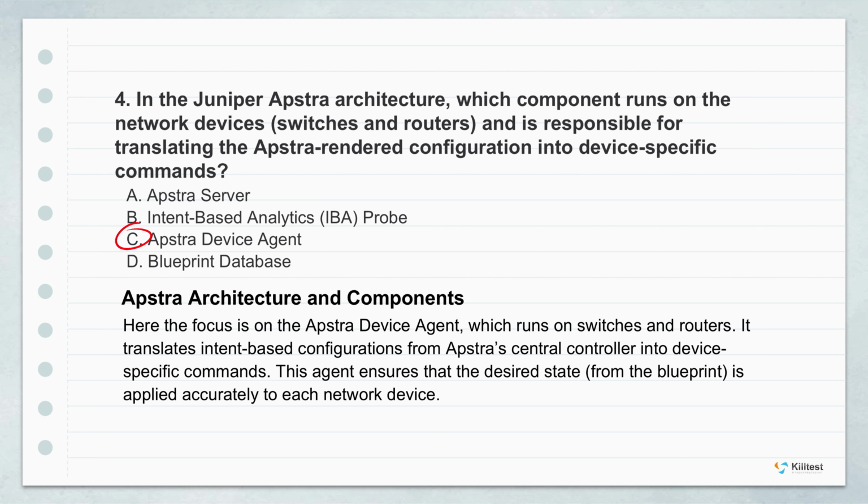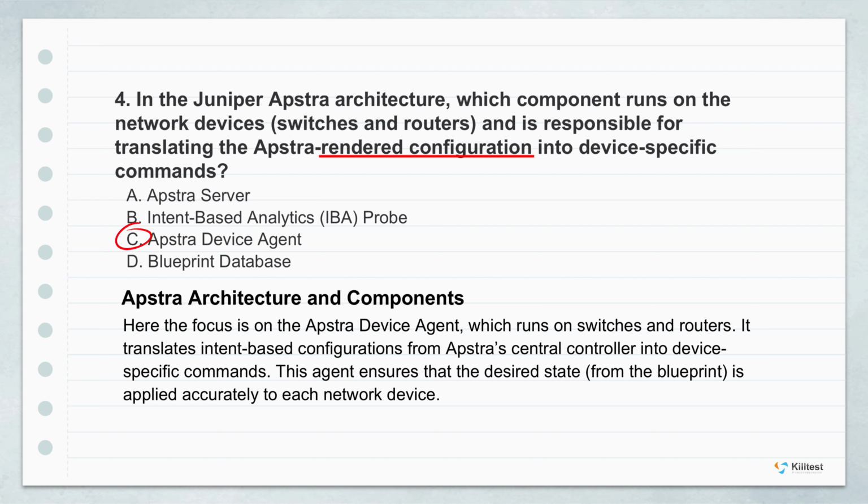It's about moving from just pushing config to ensuring state. The agent takes the configuration that Apstra generates, they call it the rendered configuration, which comes from your overall intent, and translates that into the specific device commands, like Junos, EOS, whatever. But crucially, it also continuously monitors the actual operational state of the device and reports that back to the Apstra controller.